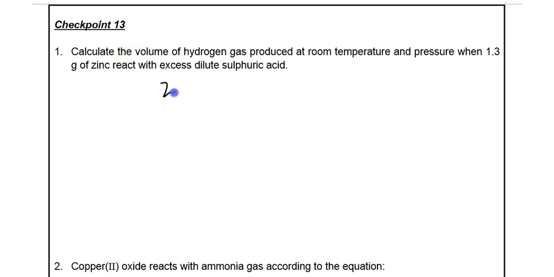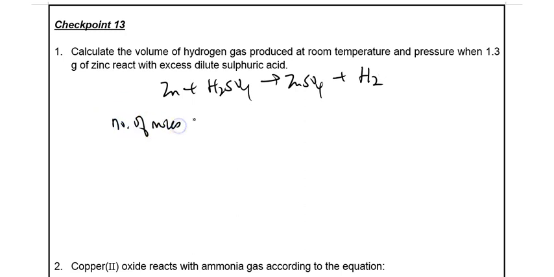So first of all, step 1, write the chemical equation. I get the acid metal reaction giving me salt and hydrogen gas. Step 2, convert everything into moles. So 1.3 divided by 65, I have 0.0200 moles of zinc.